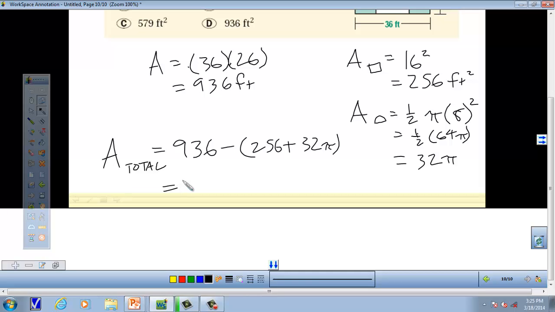So I would figure out that 256 plus 32 times pi, and that gives us, and just keep that on your calculator. So we've got 936 minus, and this is going to be approximate now, 356.53, and we're going to subtract that from 936.